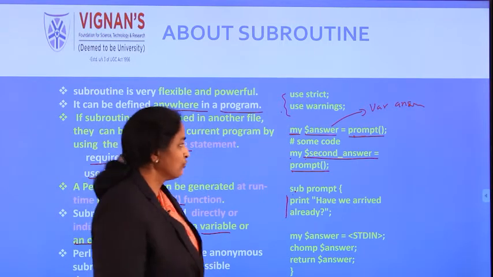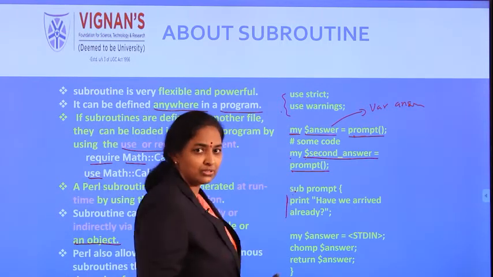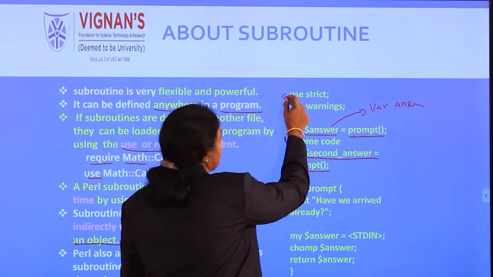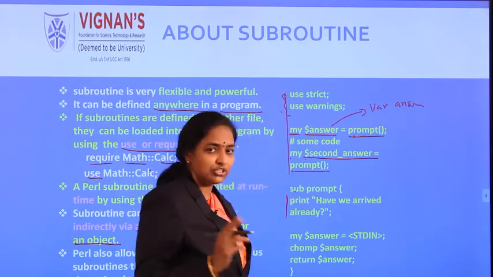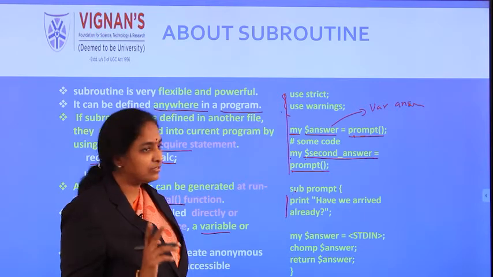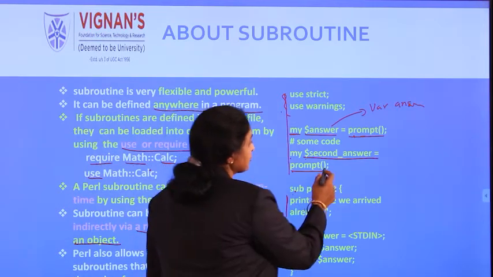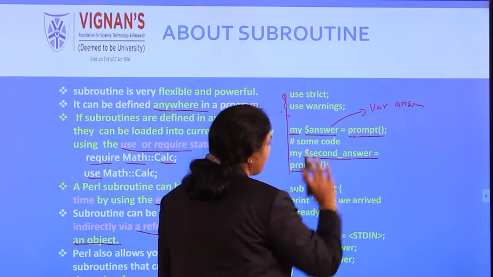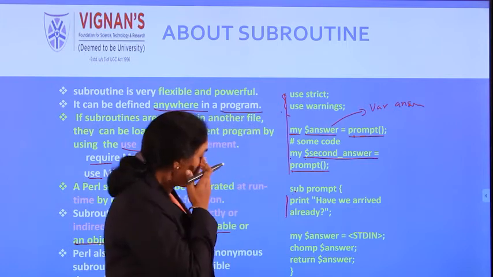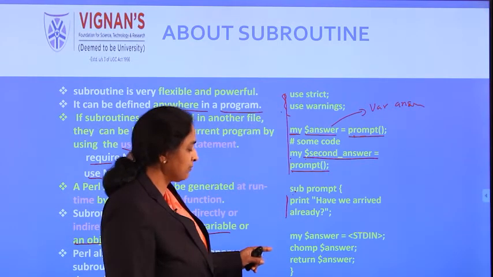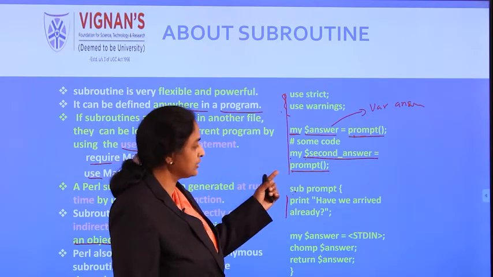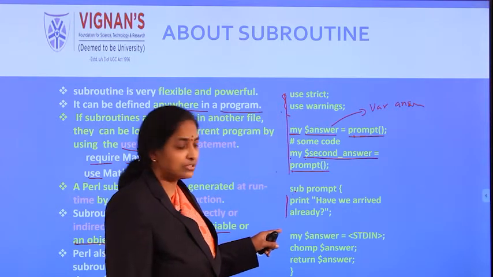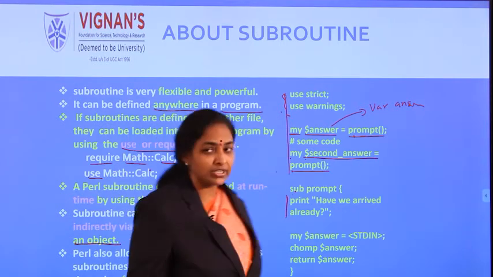But here we call the function first, and that too twice in the upper segment. Prompt function we called twice. After that, coming to the function definition, after calling the function we are doing the function definition. That's what we are stating here.